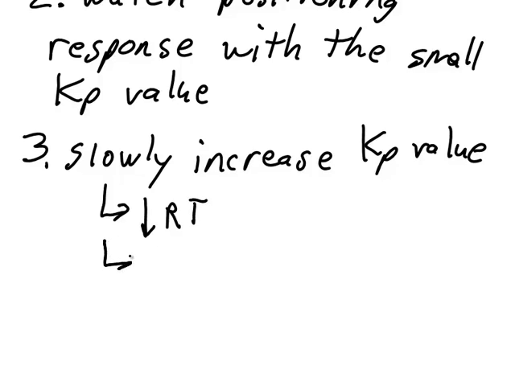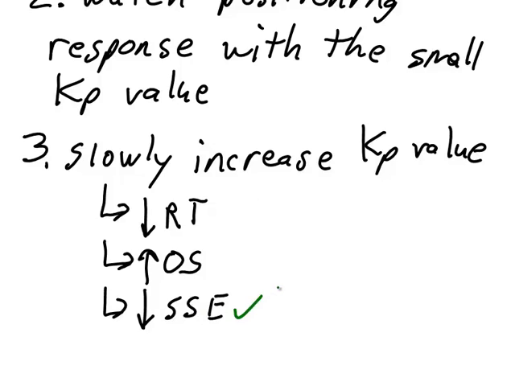We're also going to see an increase in overshoot. And thirdly, we're also going to see a reduction in the steady state error. Now, reduction in the steady state error is a good thing, and decrease in the rise time is also a good thing. But an increase in the overshoot is a bad thing.